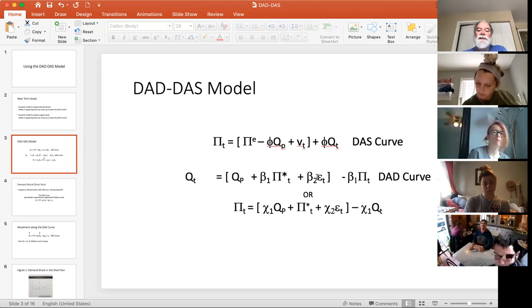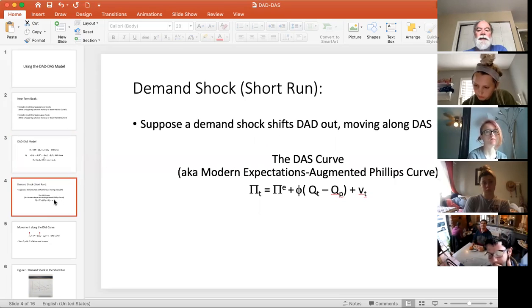And now with the shock, epsilon increases to a positive number, shifting up the DAD curve. All right. Now, inflationary expectations haven't changed. There is no supply shock.